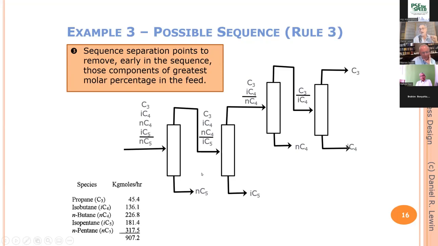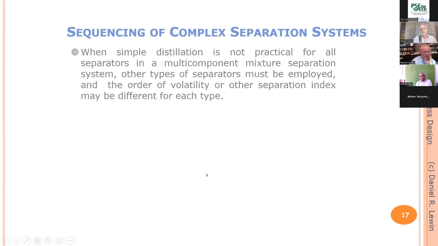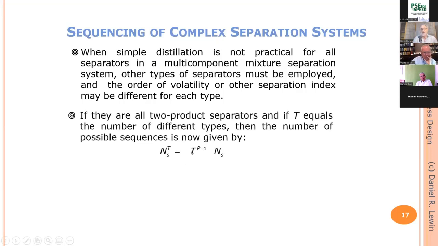We will see later how this idea of heuristics can be very helpful, even if you want to do detailed design. For example, once we get to more complex separation systems where we may want to consider alternatives to ordinary distillation, then the number of sequences increases yet again. We had this NS computed by the combinatorial equation I showed before. If we want to consider different types of separators, different separation methods, for example, in contrast to ordinary distillation, we might want to consider extractive distillation with, say, 2 alternative mass separating agents, we might want to consider liquid-liquid extraction.